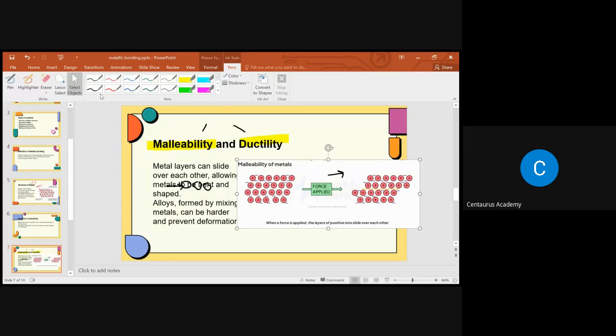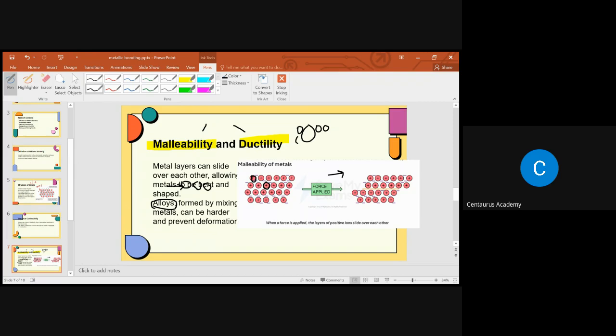Whereas any other alloy of metal, where two different metals are combined together or mixed together, this property will be completely lost. Why? Because in alloys there are different sized cations, different size atoms, metal atoms or metal ions, which are present. When one particular atom is like this, another one is a bigger size, another one is another size.